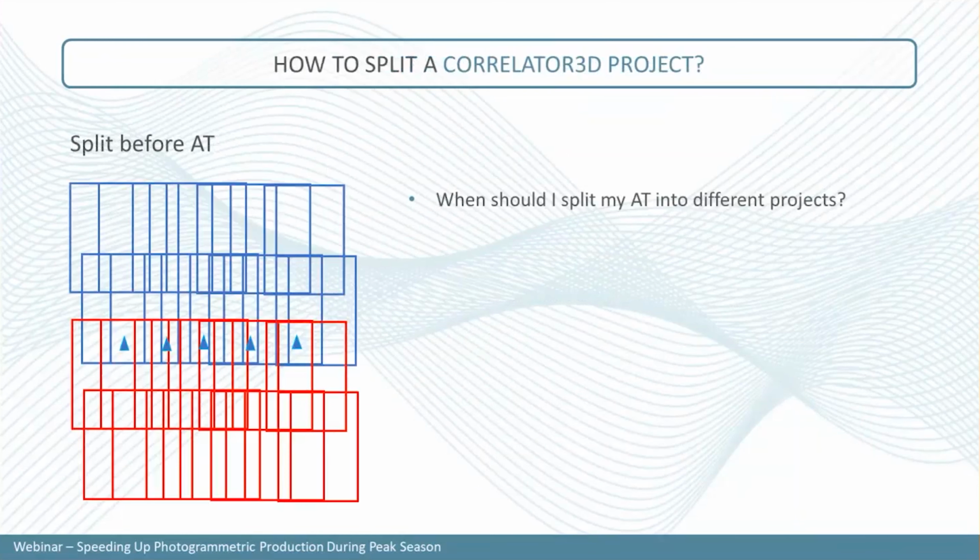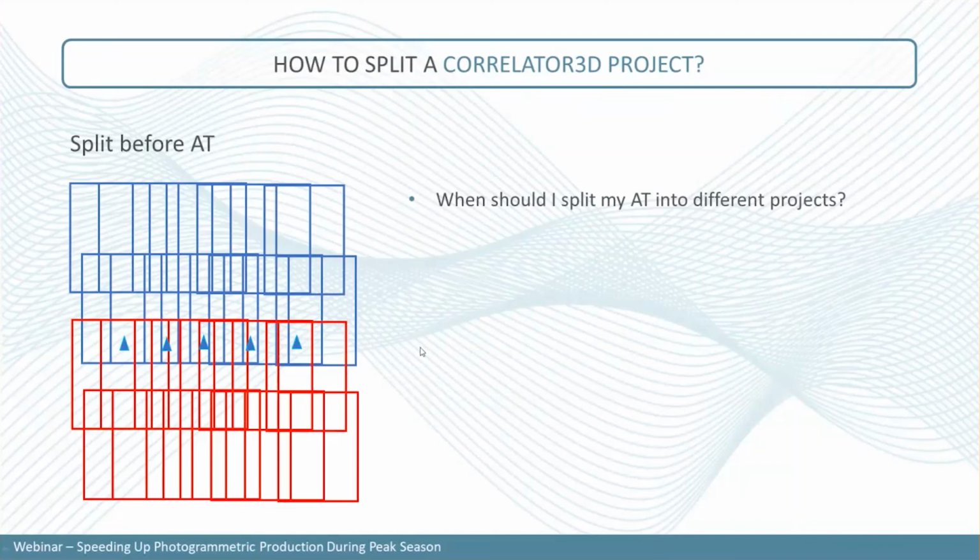The first one, which is not the most common one but can be an important one, is to split the project before the AT. Let's say you have a lot of images and you don't want to run the whole process in one project because you want to get your project, or part of your project, out quickly.